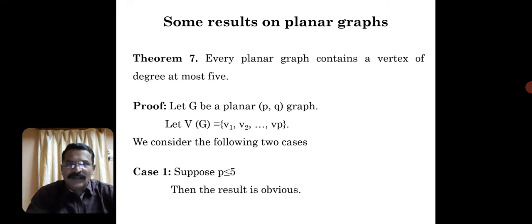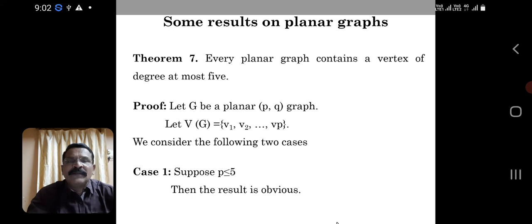But you should not consider the graph K6 because K6 is non-planar. You have to consider a graph which is planar. Maybe the vertices are of higher degree, but definitely there exists one vertex whose degree is at most 5. Other vertices may be of larger degrees. So this is the meaning of the statement.